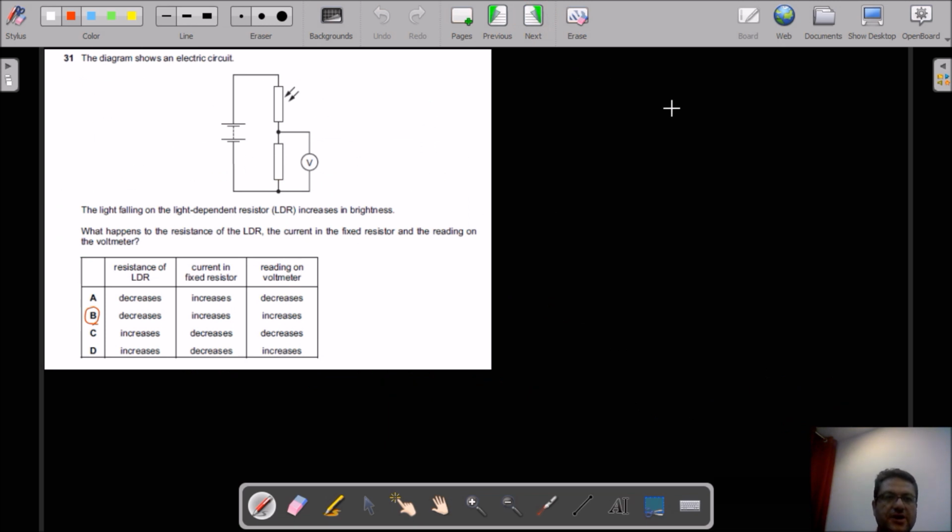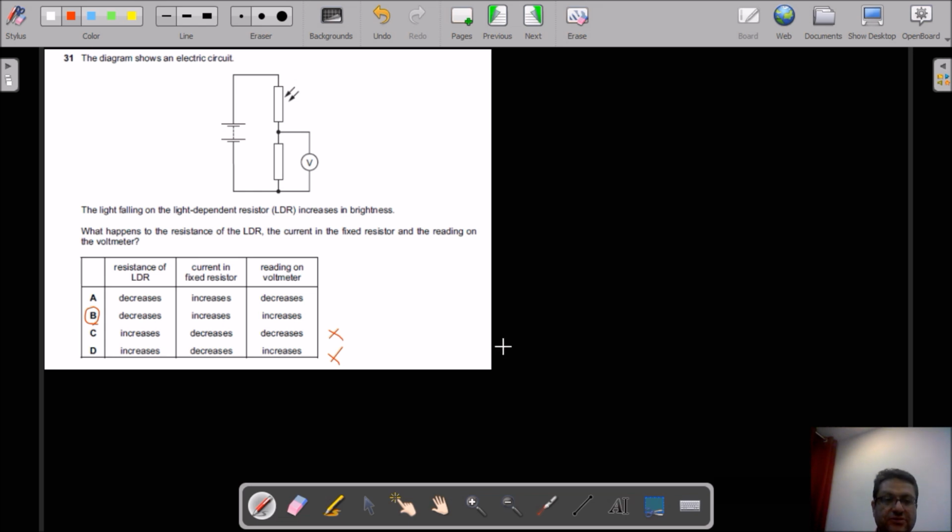Question 31, the diagram shows an electric circuit. The light falling on the light dependent resistor increases in brightness. Okay, when you increase brightness for LDR, resistance of LDR decreases. That's why between A and B you should choose. C and D will be wrong, because when you increase brightness, resistance of LDR decreases because LDR is semiconductor.